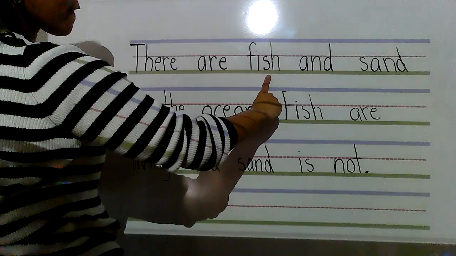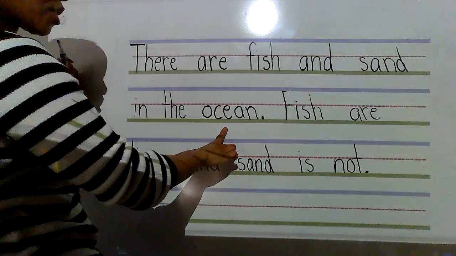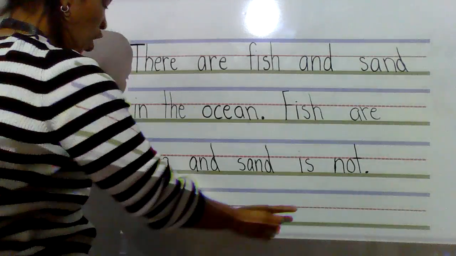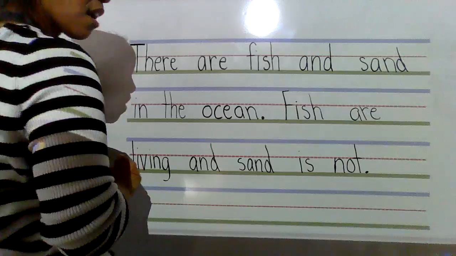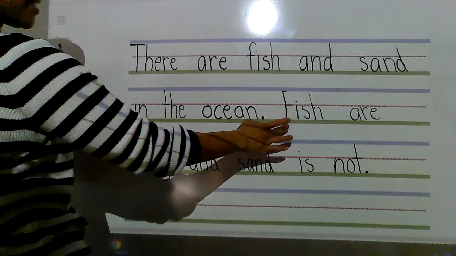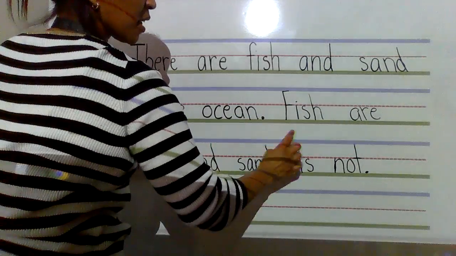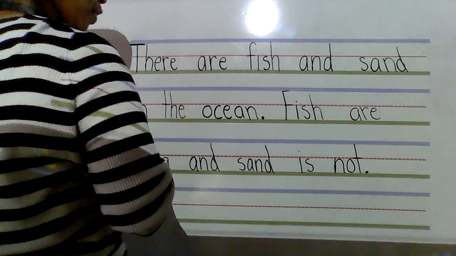There are fish and sand in the ocean. I pause because it's a period. Fish are living and sand is not. Awesome. So I started with my uppercase letter for the beginning of the sentence. I have my period letting me know my sentence is over. And I spaced out my words.